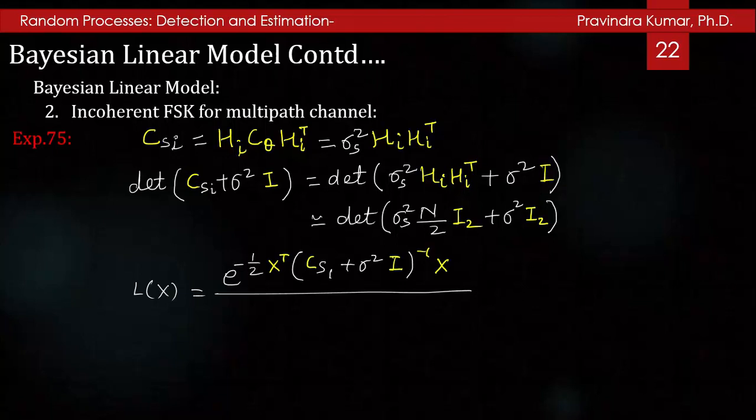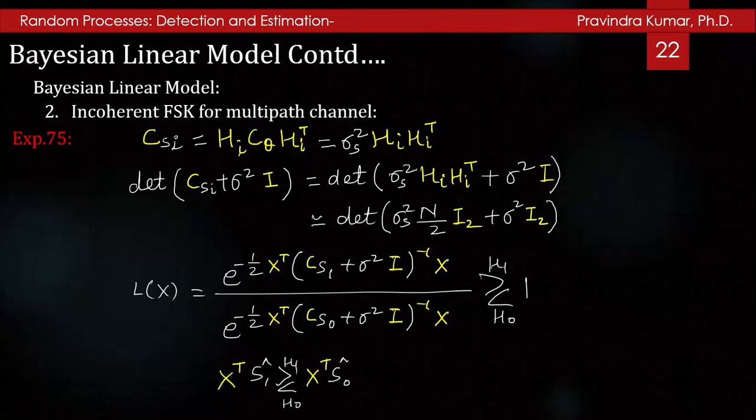So the likelihood ratio L(x) will be equal to e to the power minus 1 by 2 x transpose, inverse of the matrix (C_S1 plus sigma square I), x, divided by e to the power minus 1 by 2 x transpose (C_S0 plus sigma square I) inverse x, and it will be greater than or less than the threshold value 1.